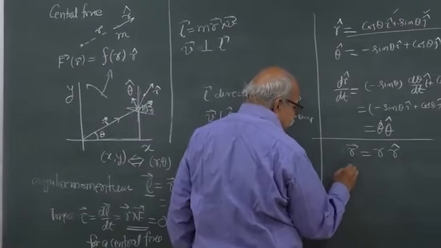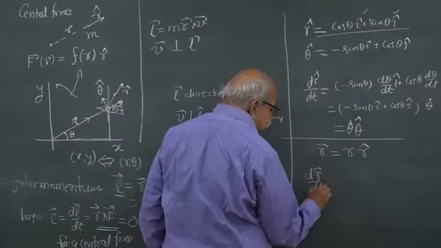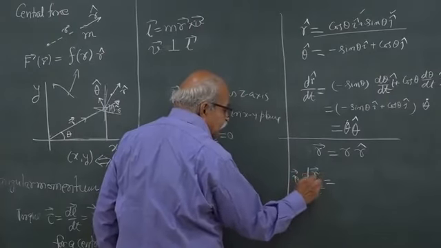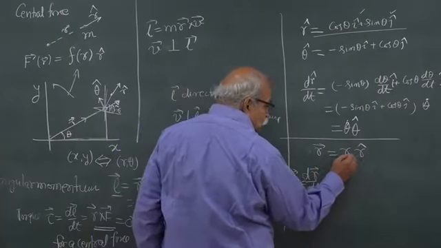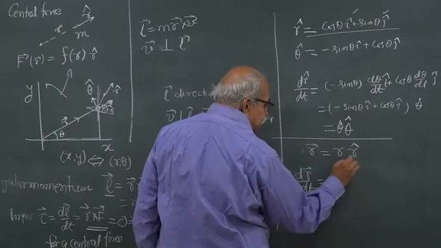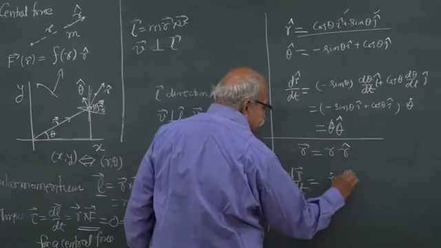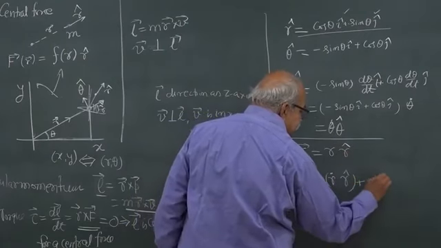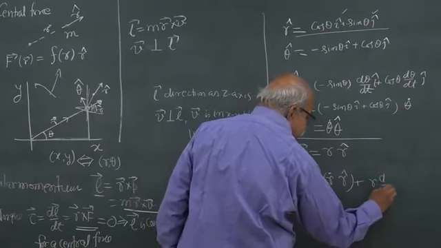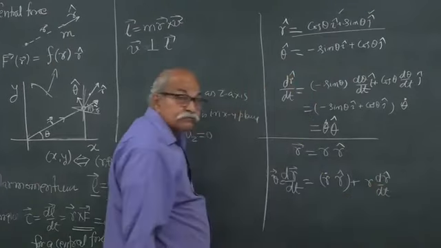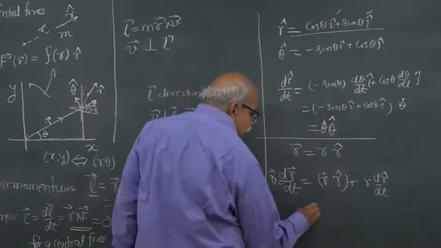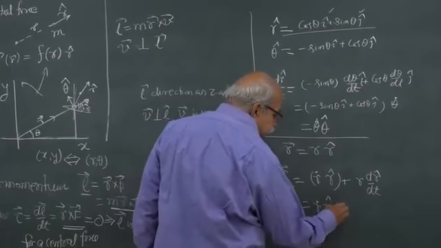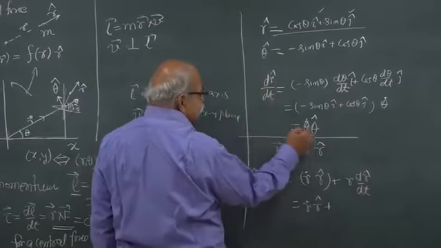What is dr dt? This is the velocity of the particle, dr dt, r vector here. So, differentiate this, keep this as constant, then keep this as constant, differentiate this, and that is equal to r dot r cap, then plus r times dr cap dt. dr cap dt is right here.